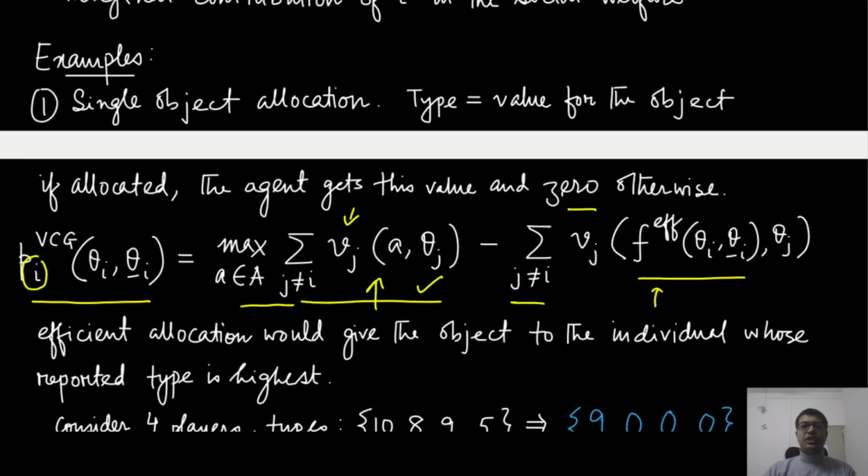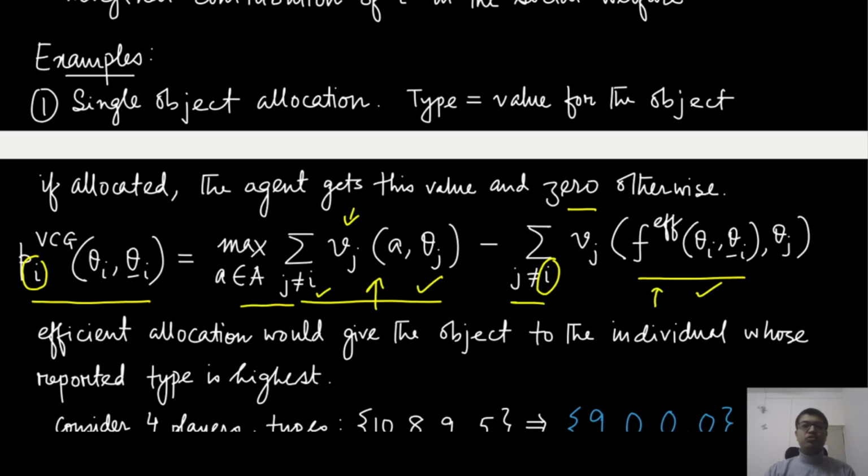And what happens to the other players? Let's say I is not the winner. Then even if you remove that agent, he is not the highest bidder, so the agent with the highest theta will still exist in this sum. His or her valuation will be coming in this max term. And even in the efficient allocation, if you are looking at agents except agent I, where I does not have the highest value for that object, the same value will show up.